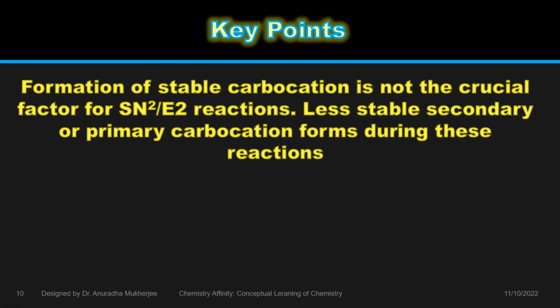Since formation of a stable carbocation is not the crucial factor for SN2 and E2 reaction, that's why a secondary or primary carbocation forms during this reaction, and that's why usually we take primary alkyl halide, secondary alkyl halide, or primary alcohol or secondary alcohol.